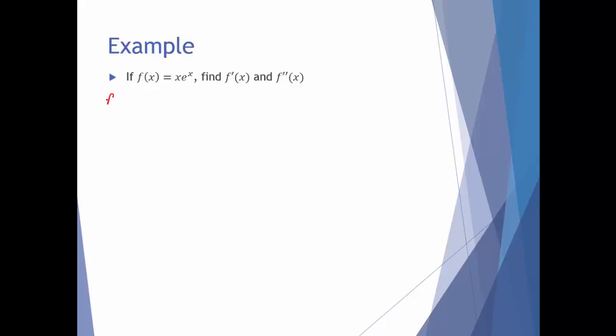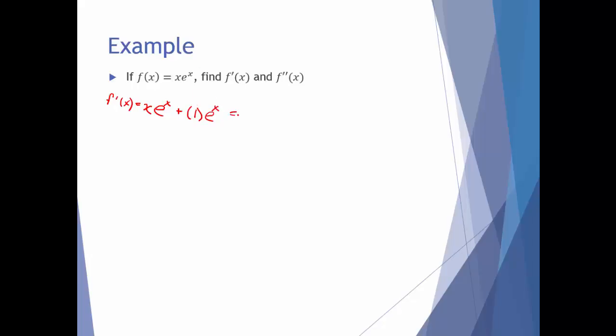So when we look at f prime of x, we take x as is, so the first function as is, there's x, times the derivative of e to the x. But the derivative of e to the x is e to the x, plus the derivative of x with respect to x, which is 1, times the second function as is, which is e to the x.